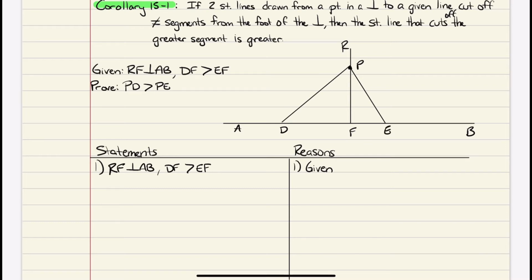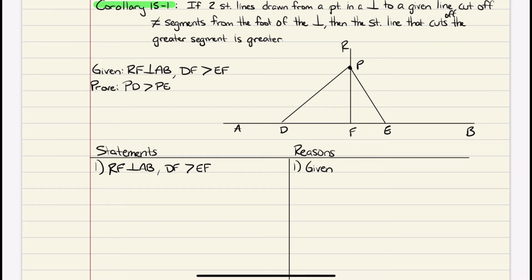All right, so this theorem is stating the same thing. We have a point in our perpendicular lines here, but they cut off unequal segments, so that is not equal to that. And so our theorem is stating whatever line cuts off the greater segment is going to be greater than this other line that cuts off a smaller segment.